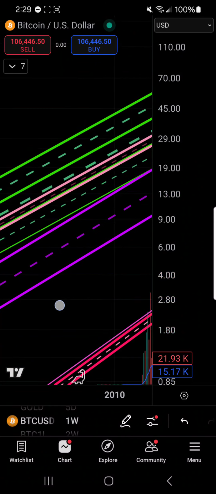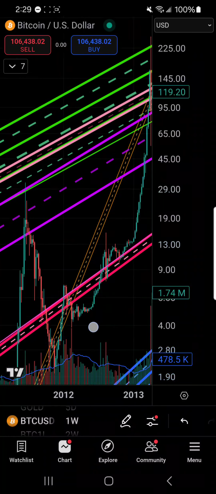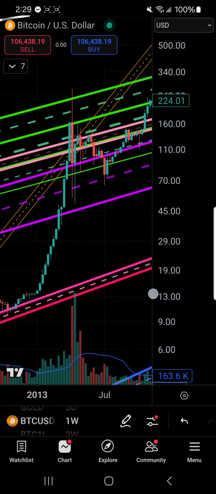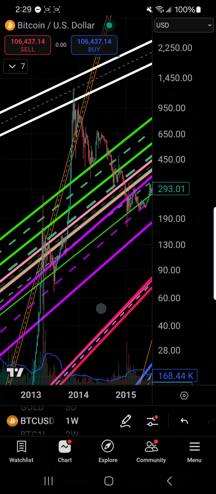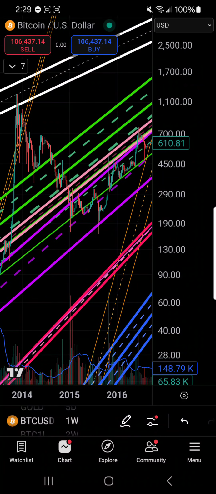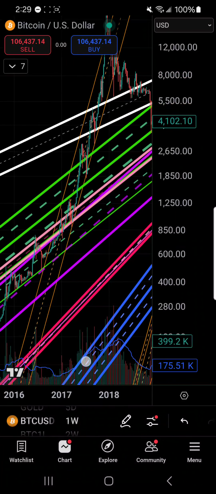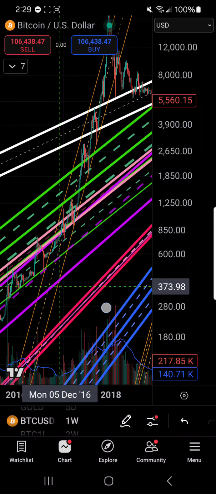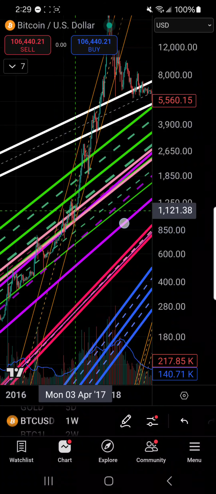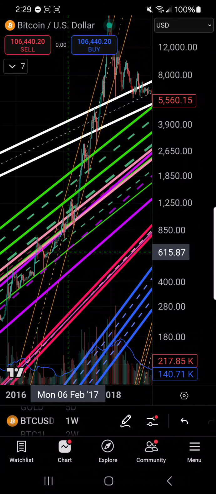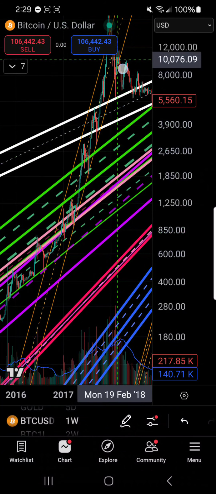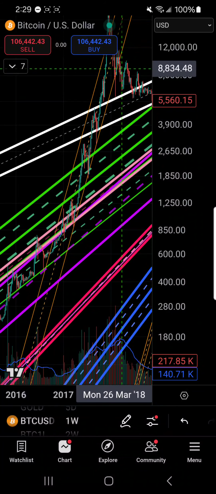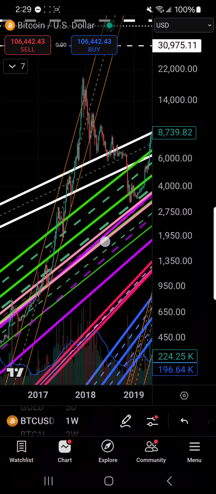We have these channels that we follow in the parabolic portions. You can see more so here in 2016, 2017, how price action travels up in this channel during the parabolic portion of the bull market.